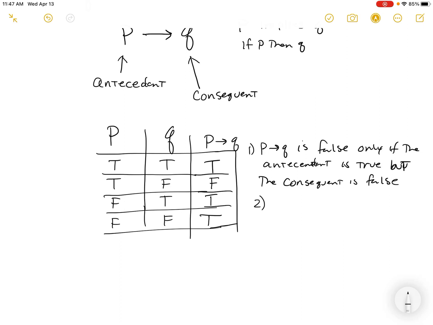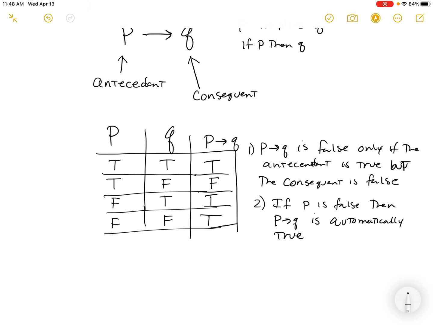The second thing to note is, and I'm going to stop calling it the antecedent in terms of writing it out, but the second thing to notice is if P is false, right? If the antecedent is false, then P implies Q is automatically true.